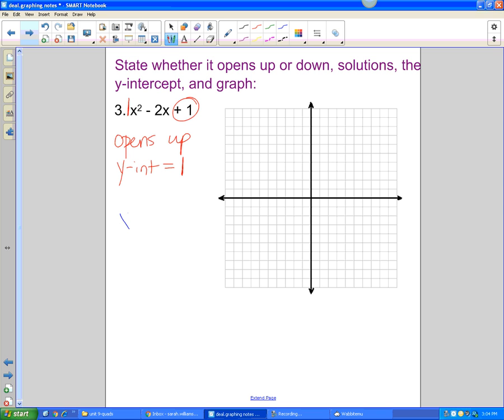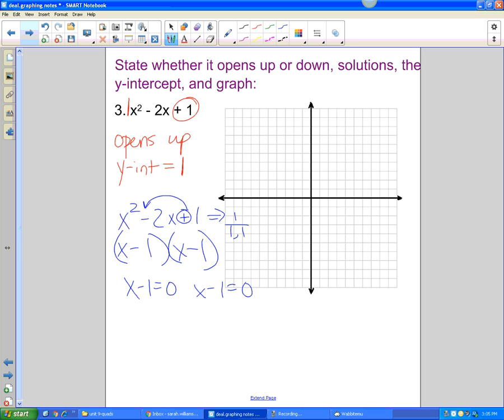All right, now we need to solve it. X squared minus 2x plus 1. 2 sets of parentheses. Pick out the 1. 1 times 1 is 1. And that adds to give me 2. So put an x and an x. Signs are going to be the same. They're both going to be minus and a 1. All right, let's set these equal to 0.